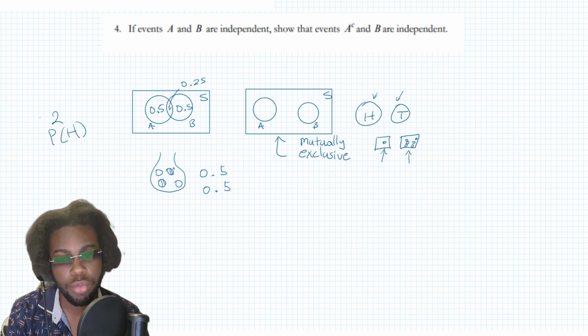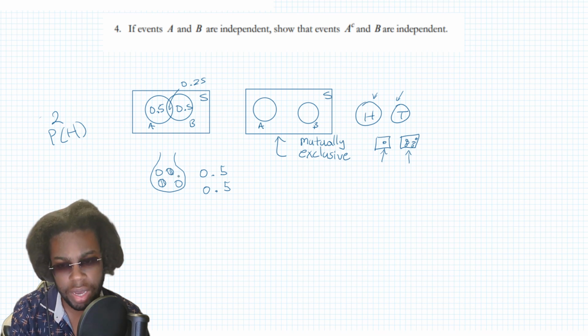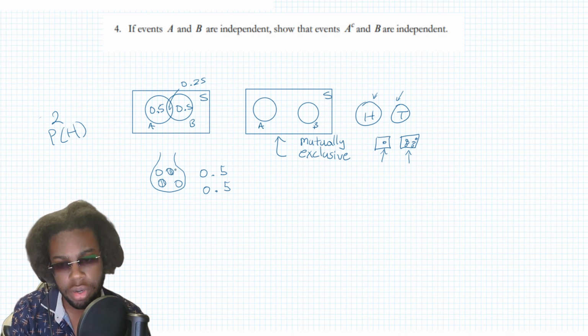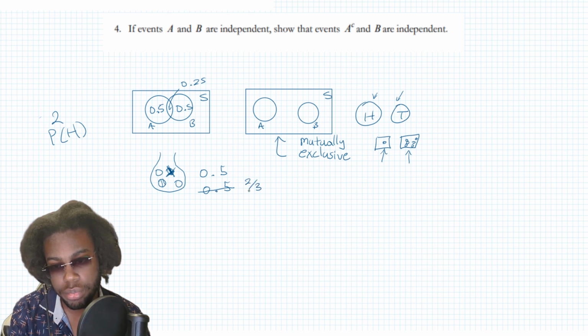However, let's say whatever marble we picked first, we remove it from the bag, and then pick again. So we go in, our probability of picking a striped marble is 0.5, and we remove that marble from the bag. Suddenly, the probability of us picking an unstriped marble goes up from 0.5 to 2/3.